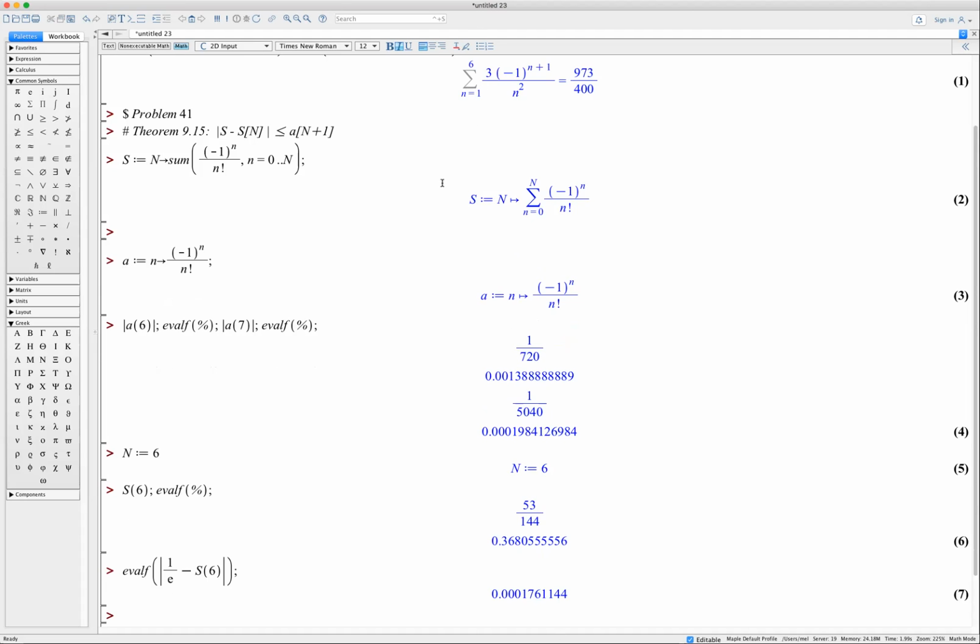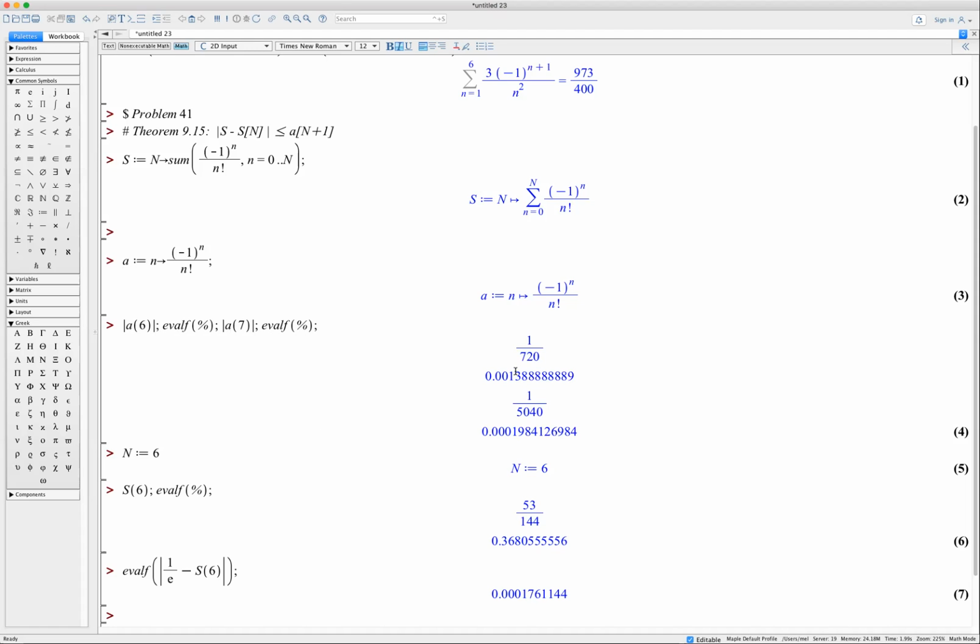All right, so this is problem 41. You want to know how many terms you need to take from this infinite series to approximate the limit within 0.001. We just have to find out what term of the series in absolute value is smaller than 0.001.